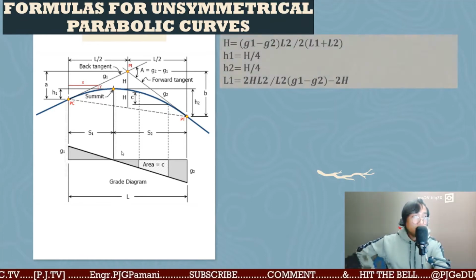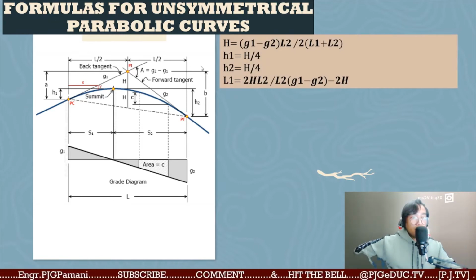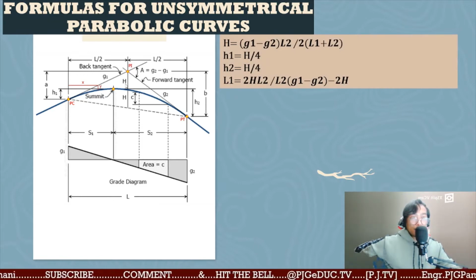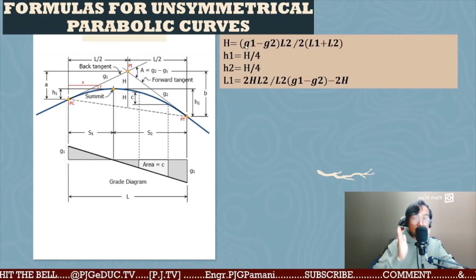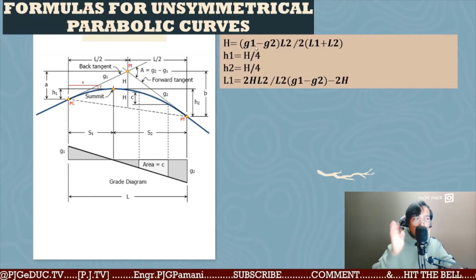Okay? Now, for the formula, the horizontal distance or the offset distance from PI on the surface of the curve is basically the absolute value. Absolute po yan, bar. Si G1 minus G2.